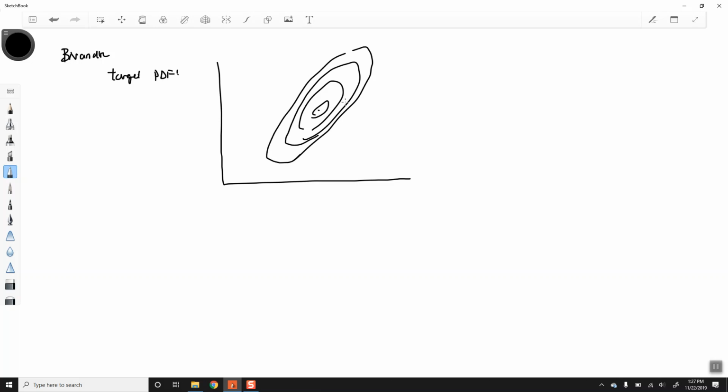It's some bivariate thing, okay? And let's say our starting location is right here. So this is a junky starting location, right? And we want to eventually move towards the middle.